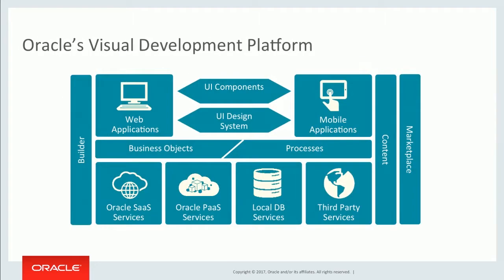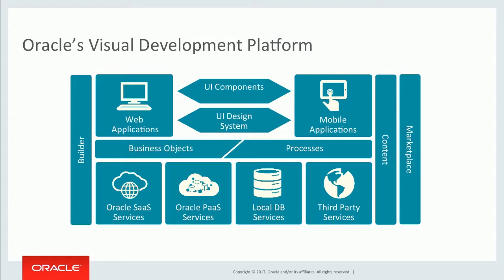It's important for us to see Application Builder Cloud Service as part of a bigger picture at Oracle of what we call the Visual Development Platform. This is the overall architecture of what we're talking about here. It's a platform that allows you to build both web and on-device applications, sharing the same UI components between them.